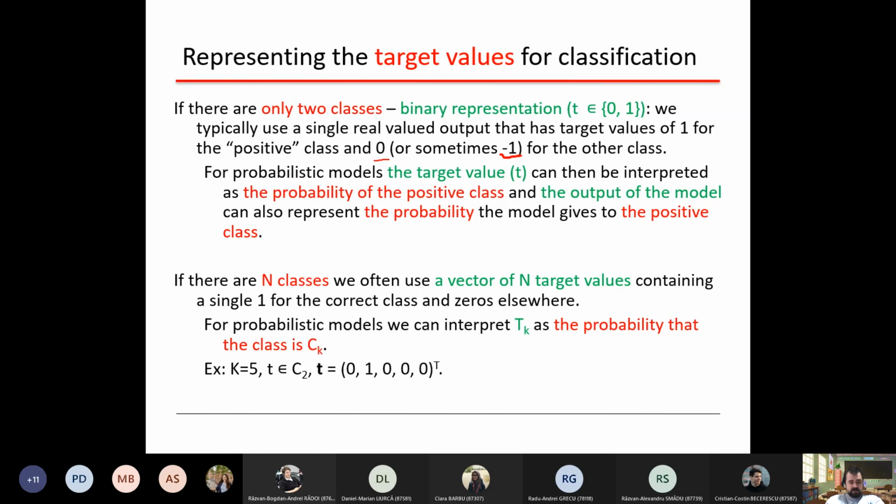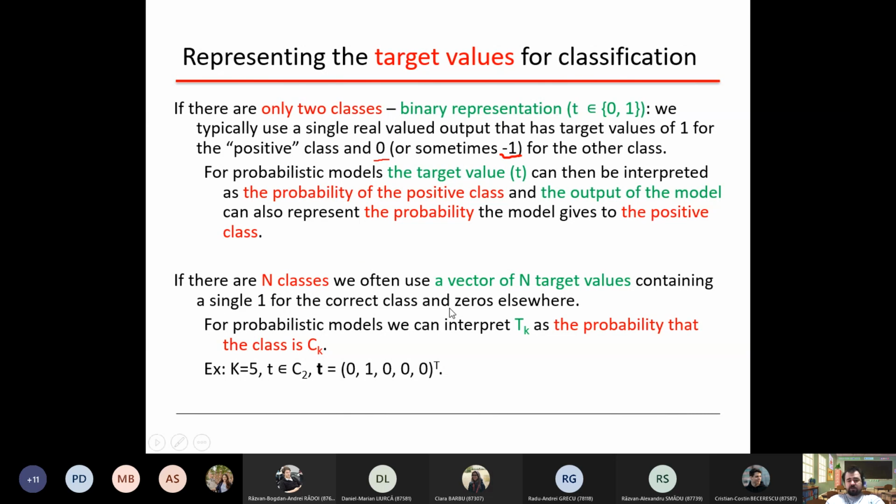If we have more than two classes, so if we have n classes, most of the time we use for the target values a representation called 1-out-of-K. That is a vector made of n different target values, consisting of zeros and one unit. The whole vector is 0 except for the class that corresponds to that sample, and that position will have the value of 1.